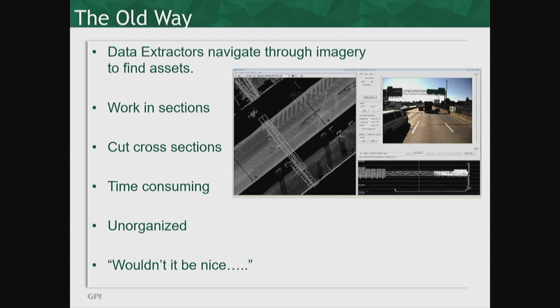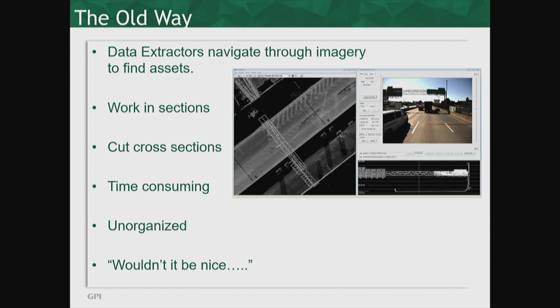Okay, we didn't get into this project without having a basic plan. You remember I said it was imagery coupled with LiDAR, and that's how we collect. What we used to do was manually step down the roadway, that's the imagery up on the upper right.